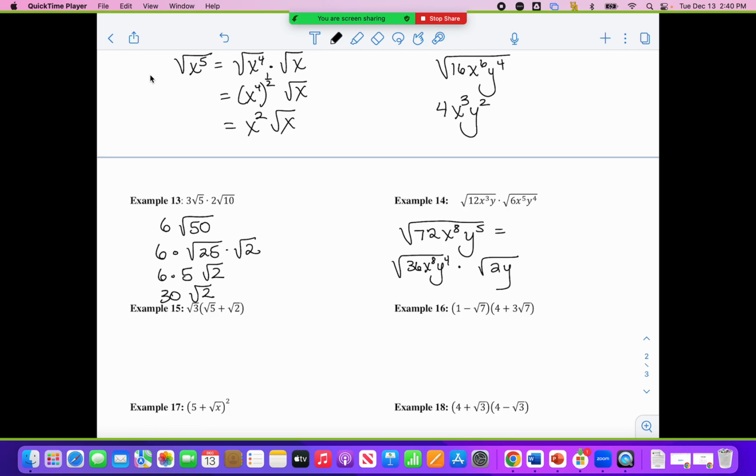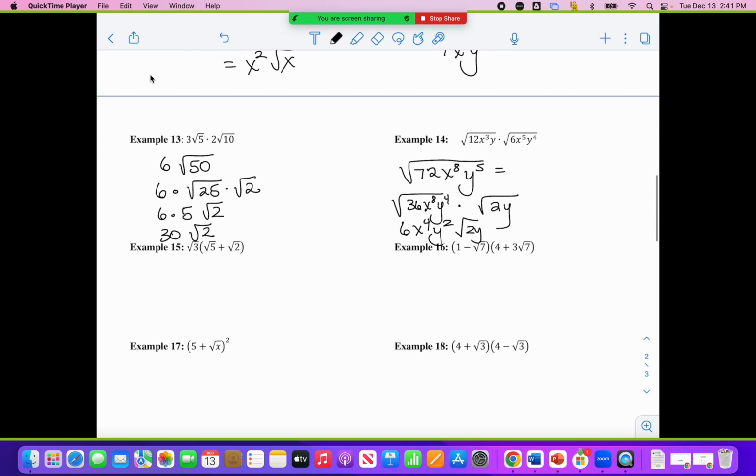And then y to the 5th, I want the highest even power, and that's y to the 4th. And in this review, we're going to assume our variables are positive numbers. Okay, we're not going to deal with the possibility that they're negative. So then my final answer is 6x to the 4th, y squared, square root 2y.